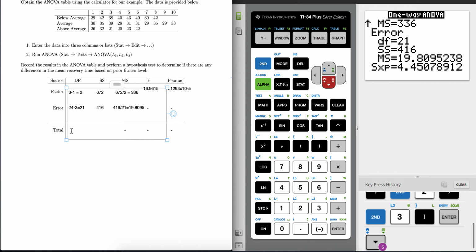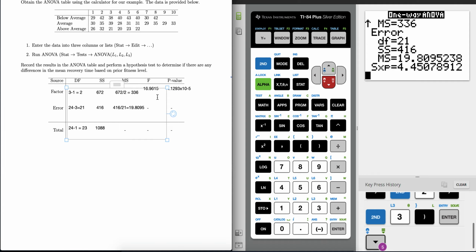Our total degrees of freedom was our total number of observations, which was 24, minus 1 equals 23. And you'll notice that property of being additive. 2 plus 21 is 23. And then same thing, our sum of squares total is the sum of squares factor plus error. So we get 1088 for our sum of squares total.